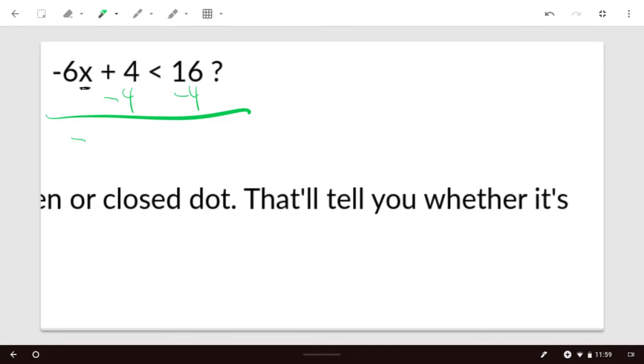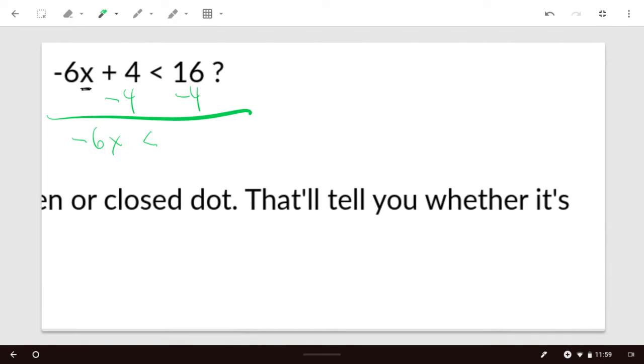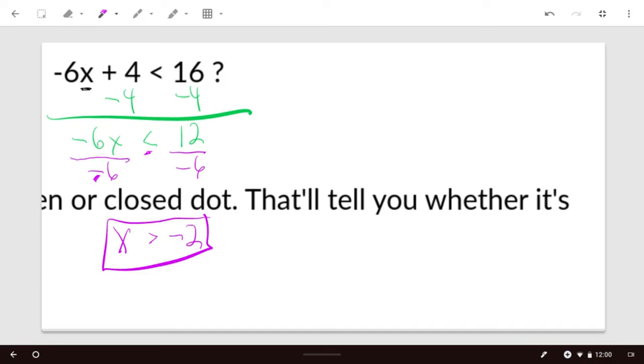That's going to give us negative 6x is less than 16 minus 4, which is 12. And then we can divide by negative 6. And because we divided by a negative here, we're going to flip this sign. So x is greater than negative 2. So that's our solution. All the numbers that are bigger than negative 2.